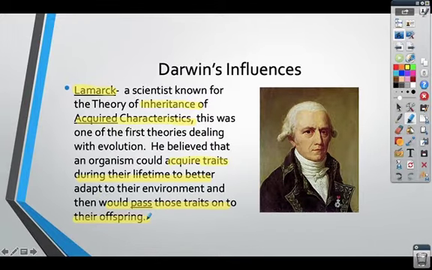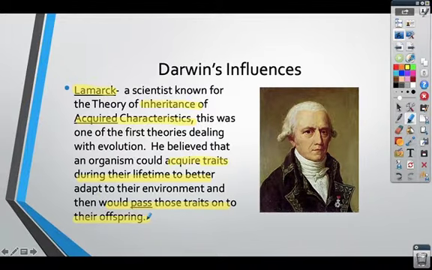So, for example, let's say that I chopped off my thumb when I was slicing onions in the kitchen. Well, according to Lamarck, if I had children after I lost my thumb, my child would also be born without a thumb, and that's not true.